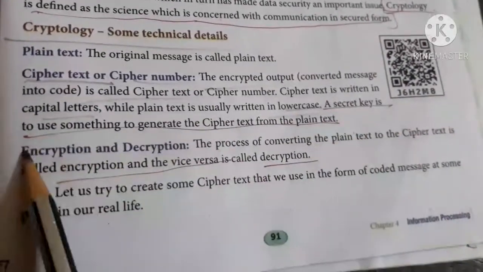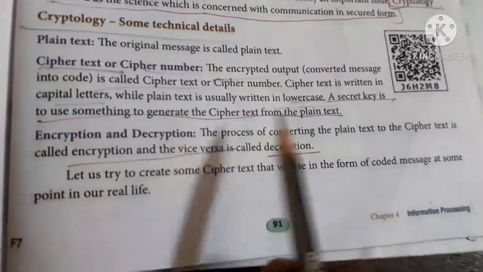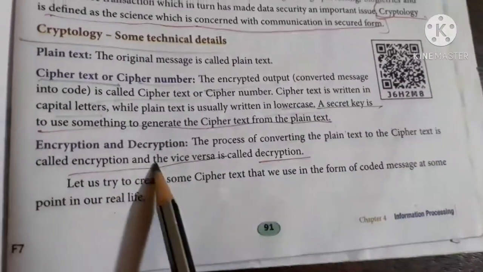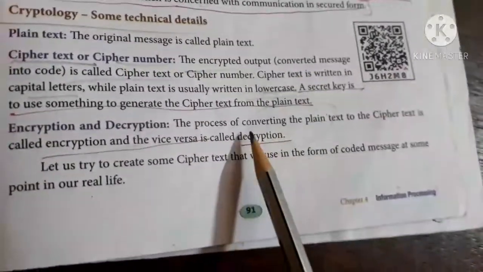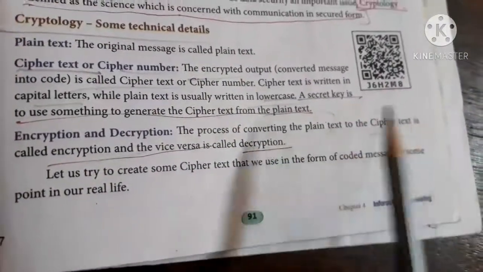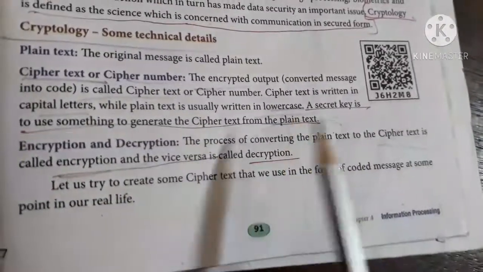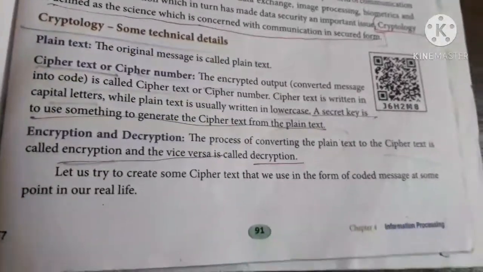A secret key is to use something to generate the cipher text from the plain text. Encryption and decryption. The process of converting the plain text into the cipher text is called as encryption, and the vice versa is decryption.